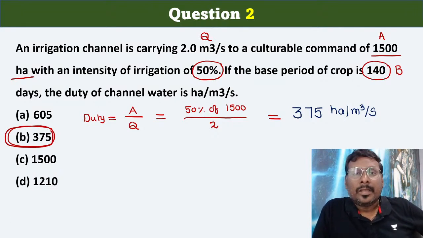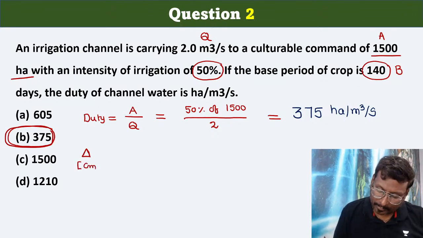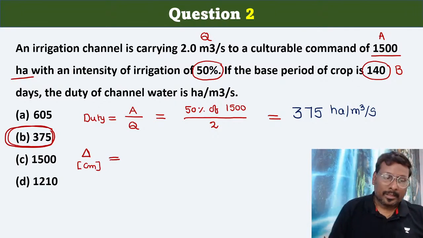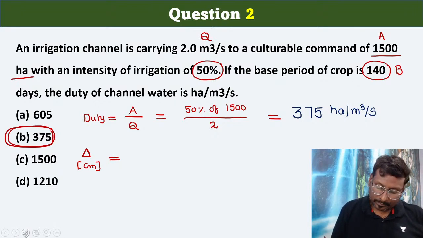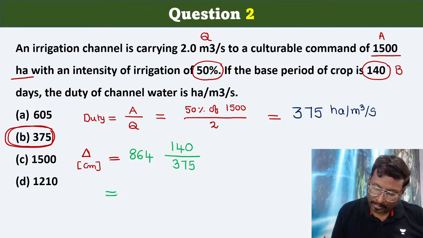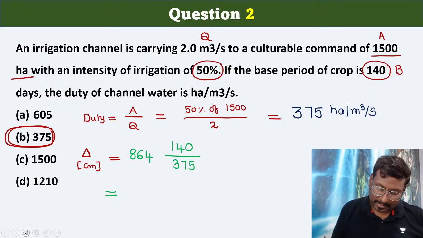For the same question, can you get delta? Delta in centimeter. Now you can use the base period. For the same question, delta is 864 B by D, which is 322.56.